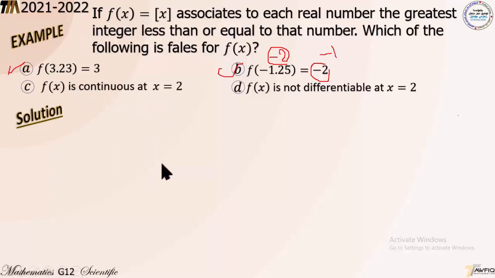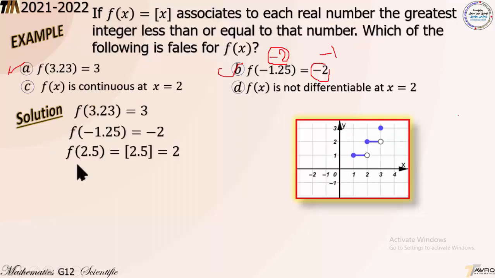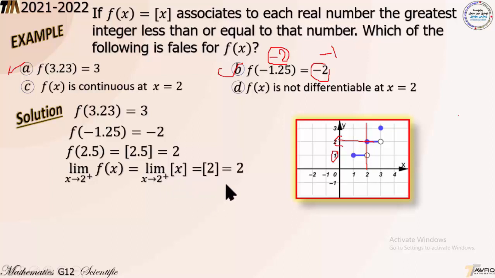To prove that, we must first of all draw the graph of this function. This is the graph of this function. To find a limit of this function at x equal to 2, the limit x approach to 2 from right for f of x is the floor of 2, which is 2, because the floor of an integer number is an integer number.